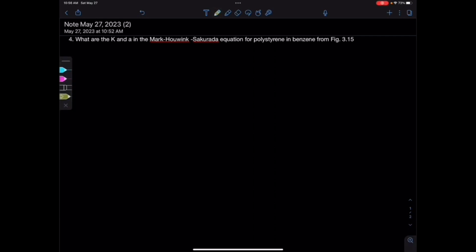Let's write the equation. The Mark-Houwink equation is log of eta equals log K plus a log Mv. Since the weight distribution is narrow, we can assume the viscosity average molecular weight to be close to the weight average molecular weight.